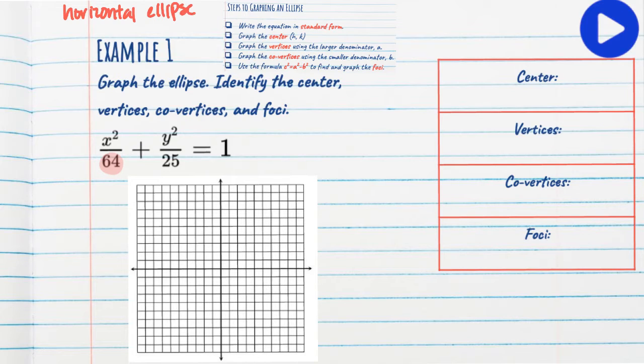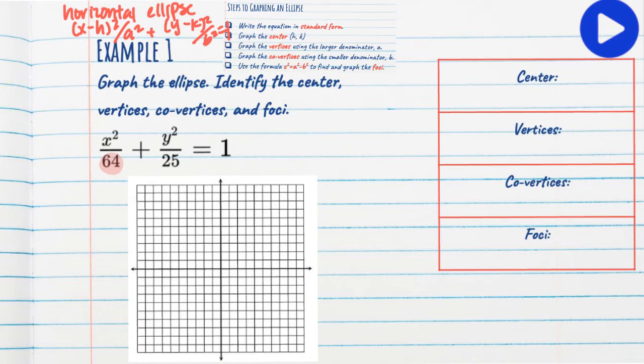And the formula that we're going to use as our standard formula is (x minus h) squared over a squared plus (y minus k) squared over b squared equals 1.